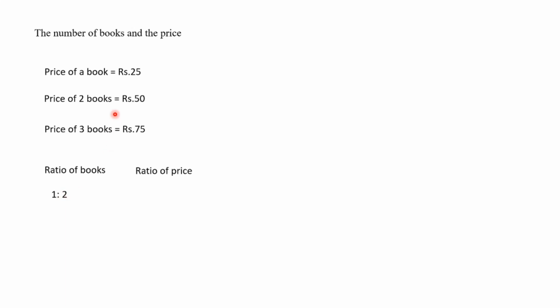Consider 1 and 2: one book 25, two books 50. So 25 to 50 is also the same ratio, it comes to 1 to 2. Look at these two. If you consider the ratio of the number of books, and the other quantity, the relevant price of the books, you can see the same ratio. So I will consider 2 to 3 here. These values we have to take.